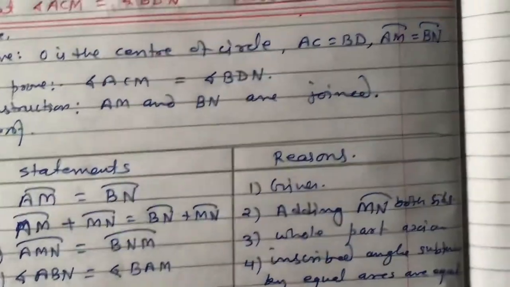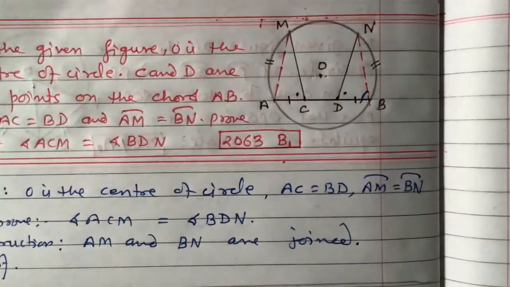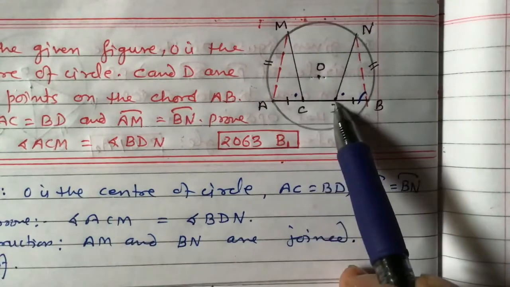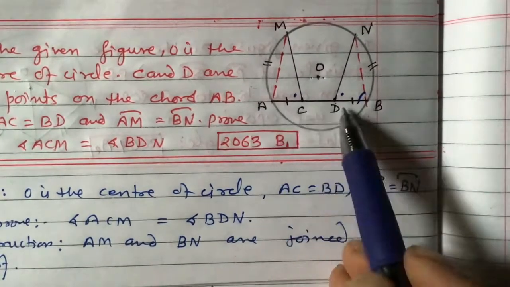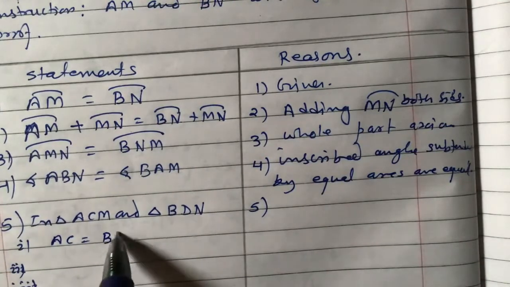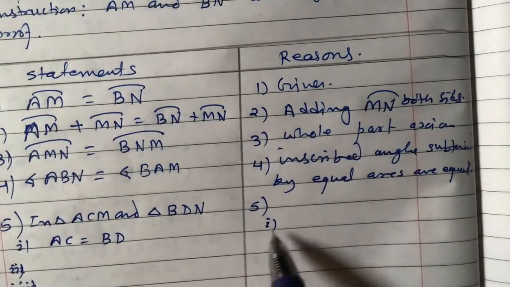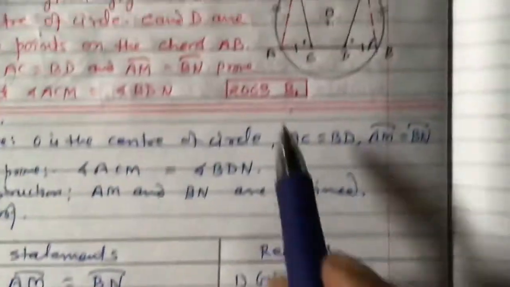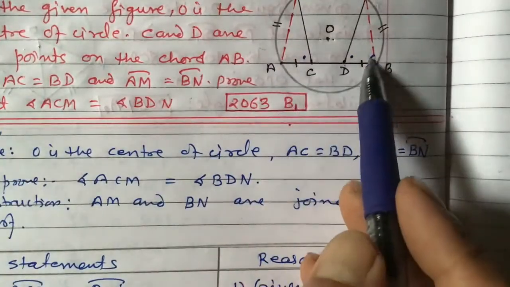The first: AC equals BD. This is given to us.